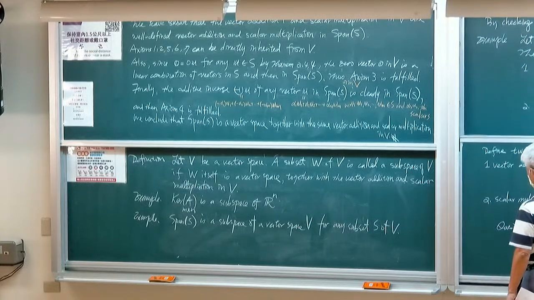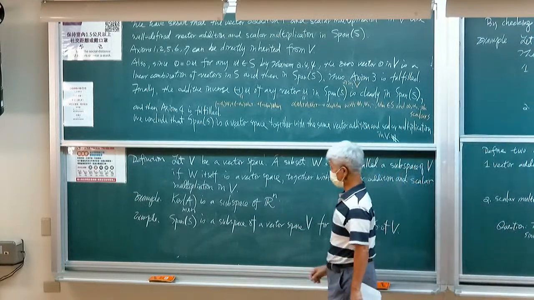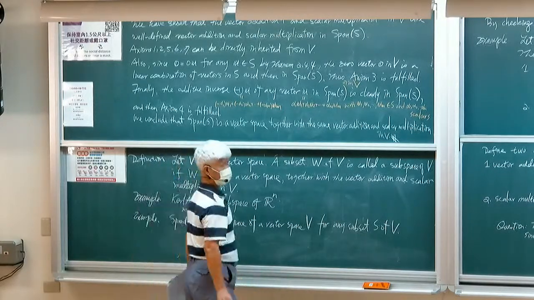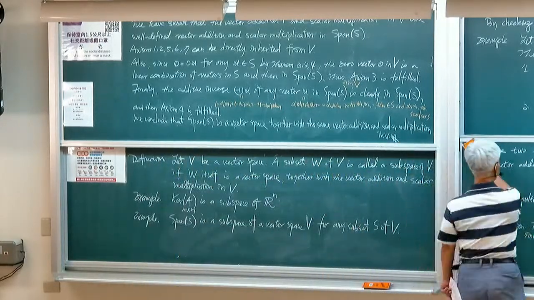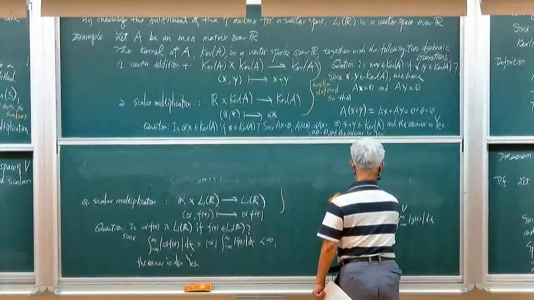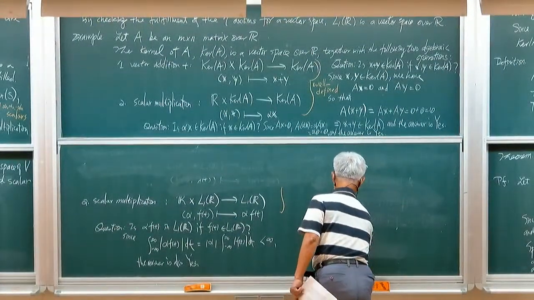Now we talked a lot about linear dependence and linear independence for vectors in n-dimensional Euclidean space. So we will extend the notion to a general vector space.